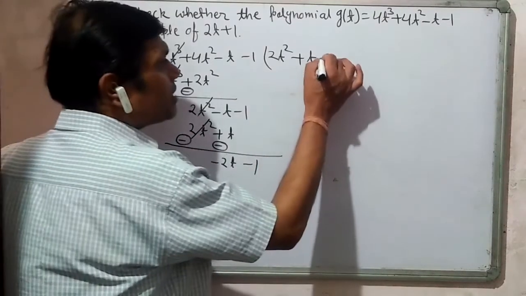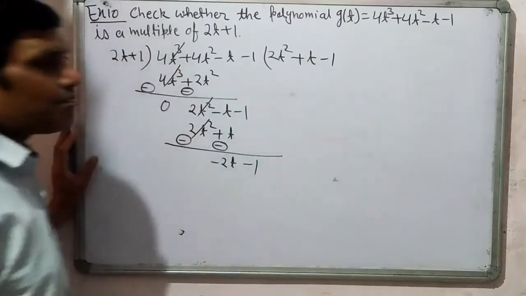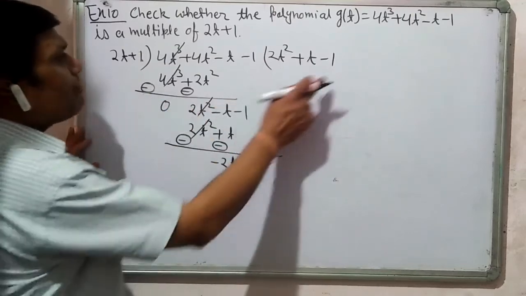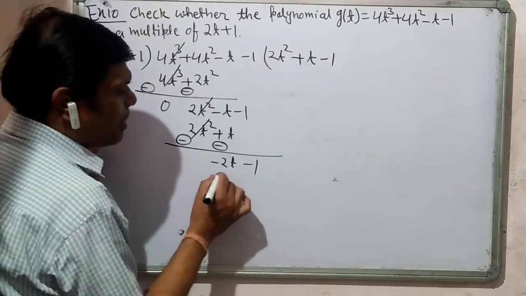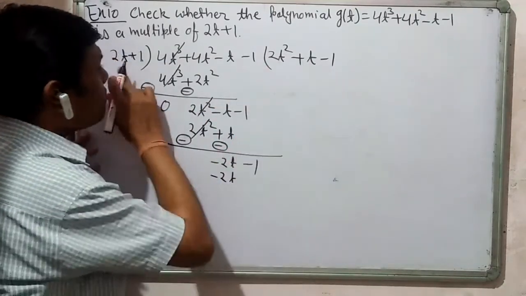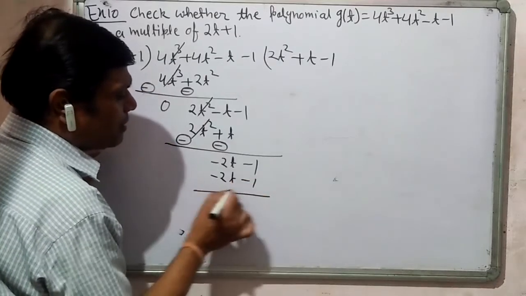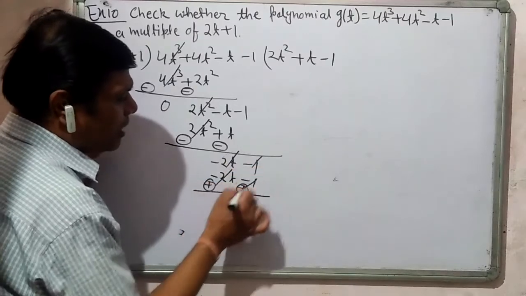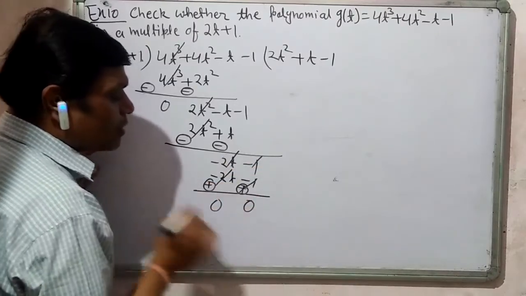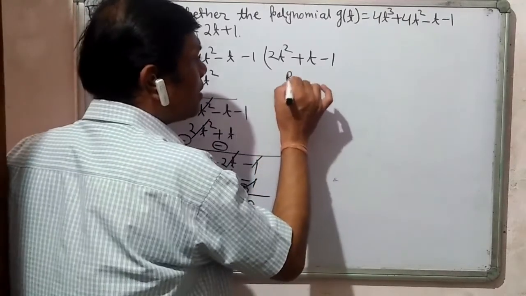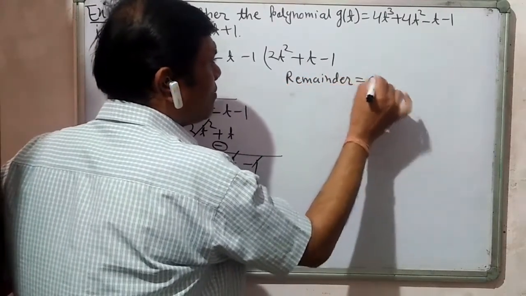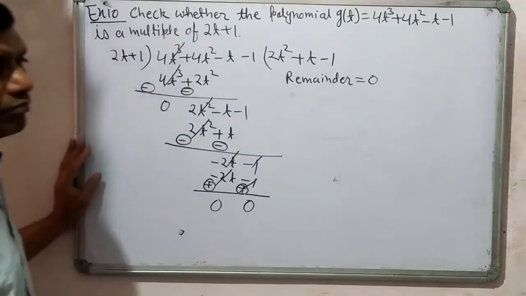So what we are getting is minus 1 over here. Multiply it. What we get? Minus 1 into twice t, minus twice t. Minus 1 into positive 1, minus 1. Are we getting them cancelled? Yes, they are getting cancelled. So what is the remainder? Remainder obtained on dividing is 0.